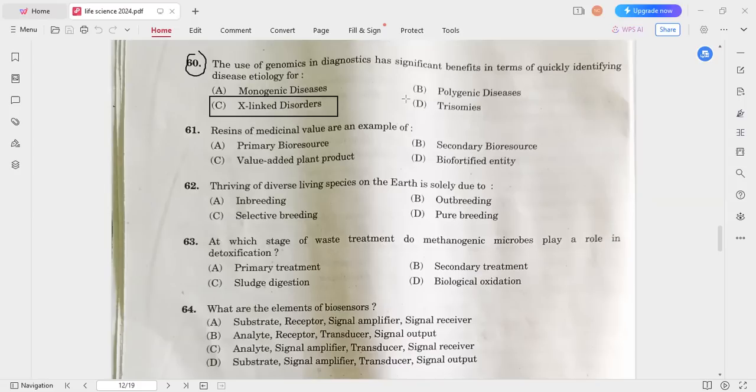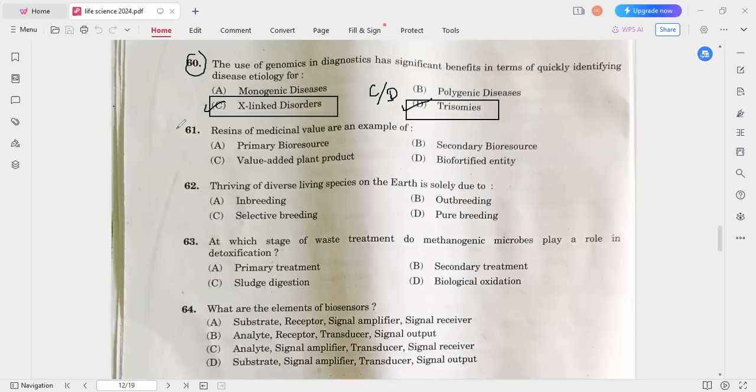And one more thing, in trisomies also genomics is used as a diagnostic tool. In question 60, I had a doubt between option C and option D. I'm not sure which one is correct, so let me clarify once the final key answer is released.